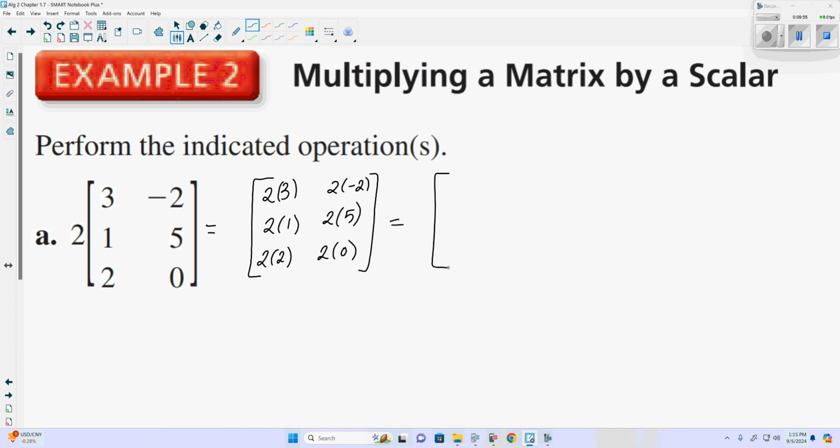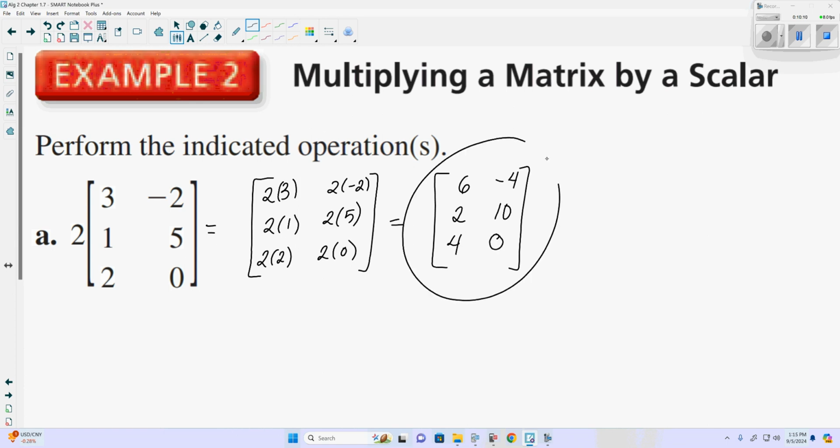Well, 2 times 3 is 6. 2 times negative 2 is negative 4. 2 times 1 is 2, 2 times 5 is 10, 2 times 2 is 4, 2 times 0 is 0. That's literally it.